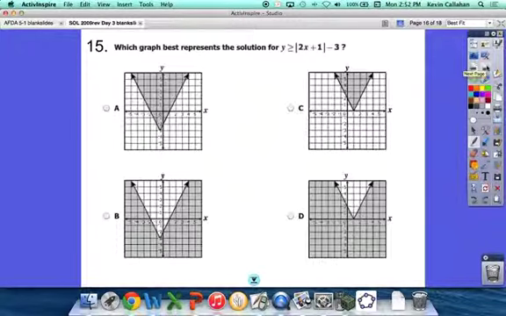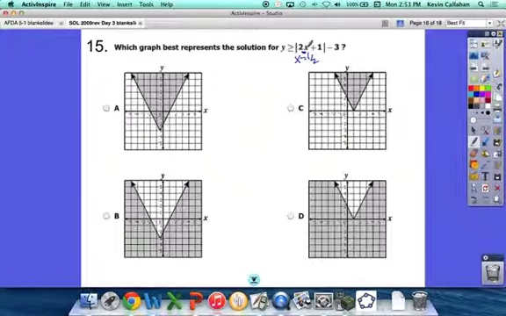What was the right answer? A. You know, this one is a little complicated because it's got 2x plus 1 inside. It's not just like x plus 1. If it was x plus 1, what kind of a shift would that have been? Left 1, right? But because it's 2x plus 1, really it would be x equals negative 1/2 is the shift, because that's the 0. 2 times negative 1/2 is negative 1 plus 1 is 0.